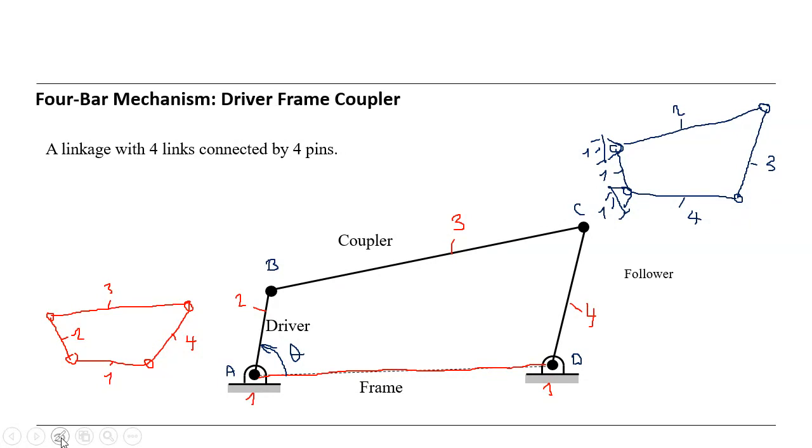Okay, so then if I derive this one, you can easily see point B undergoes rotational or circular motion around the point A, and point C also around D makes circular motion like this, and this we call the follower.